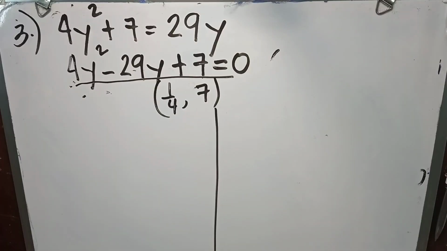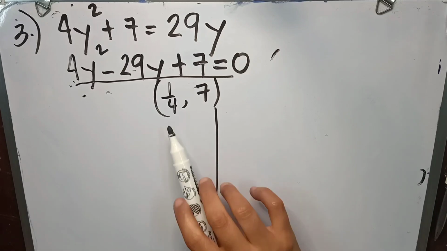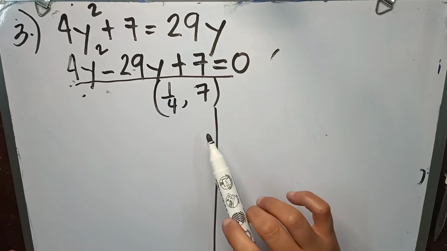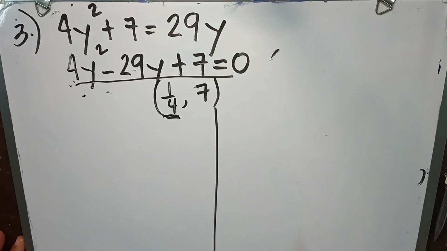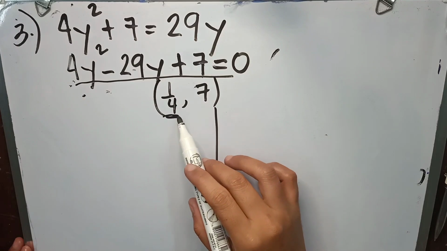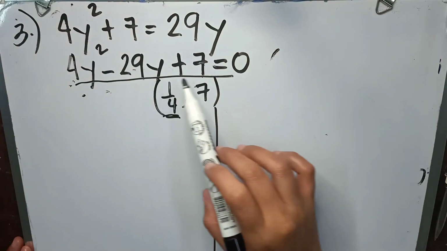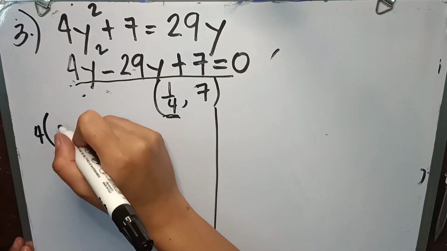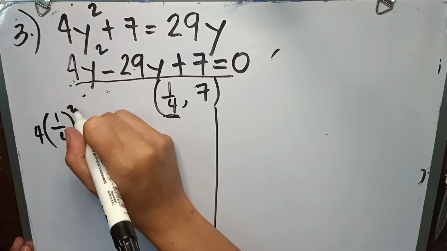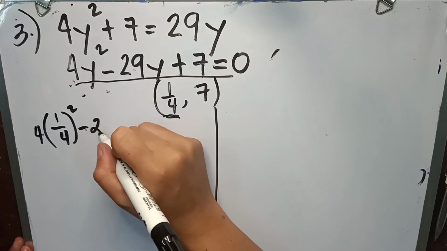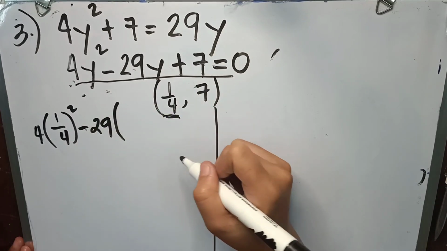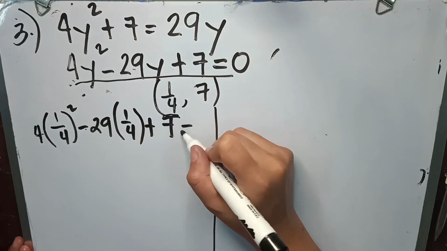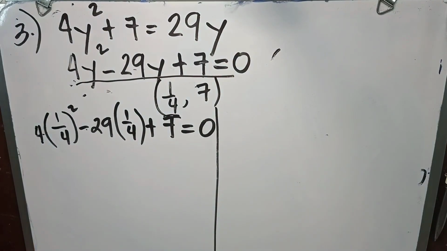Okay. Since we have the solution sets 1/4 and 7, let's check if that is correct. Using 1/4, substitute 1/4 for y. So, 4 times 1/4 squared minus 29 times 1/4 plus 7 equals 0.